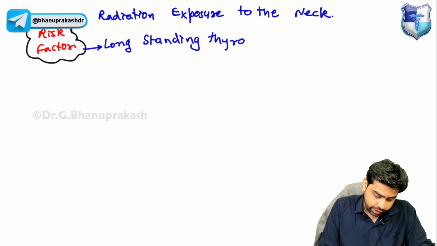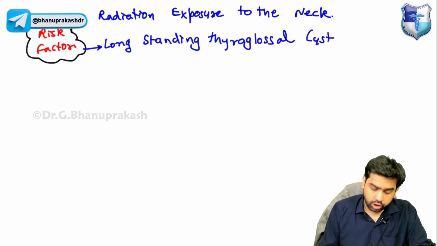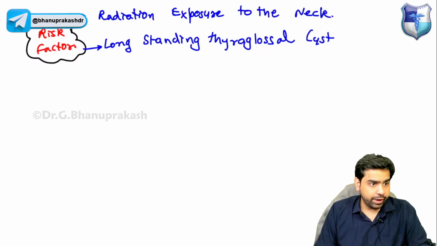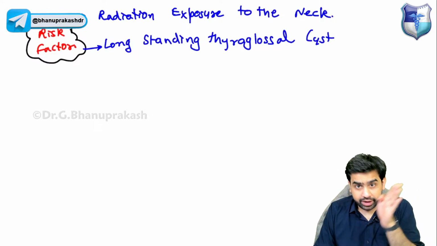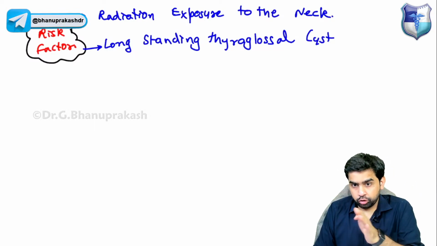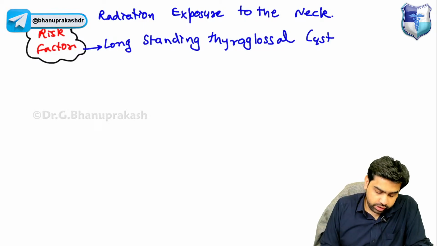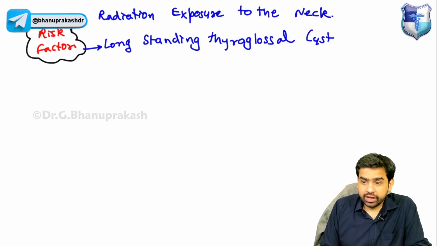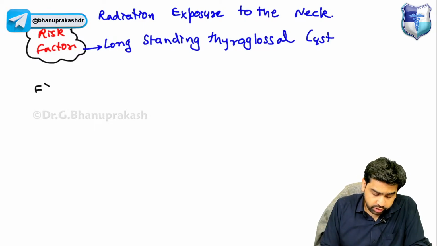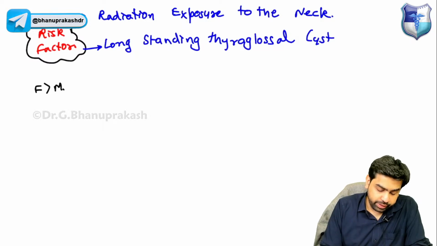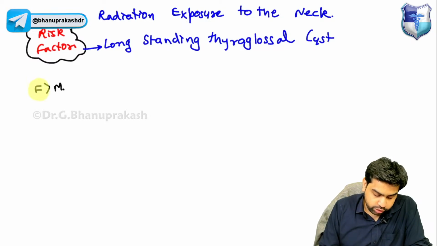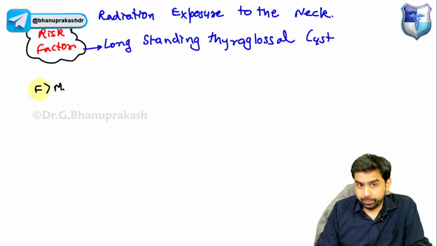I hope you are able to understand this point. Radiation exposure and a long standing thyroglossal cyst. Now, papillary carcinoma of thyroid is more common in the females as compared to the males. Is it more common in males or females? It is much more common in females. I hope you have understood this point.